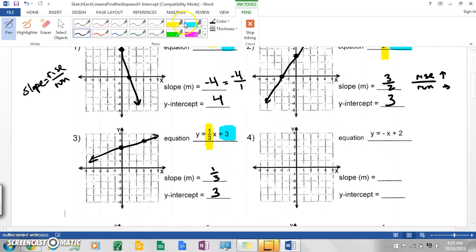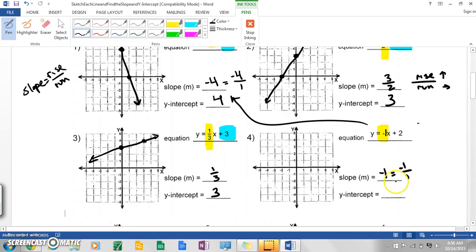Number 4 is a little interesting, because you'll notice that the number in front of the x is not actually there. If there's ever not a number in front of the x, you can put an imaginary 1 there to indicate that there is actually a 1 in front of that x. Remember from our previous example, if we ever have a whole number, we can write the slope as negative 1 over 1.